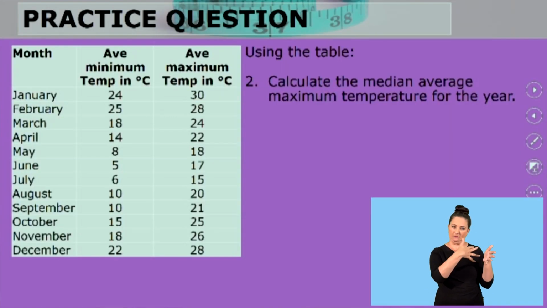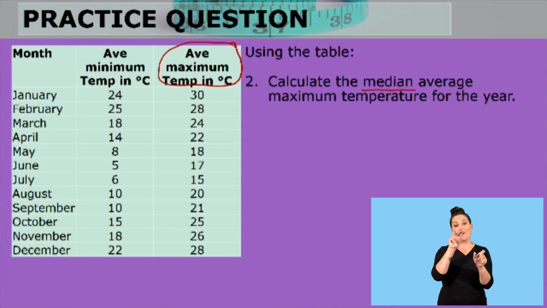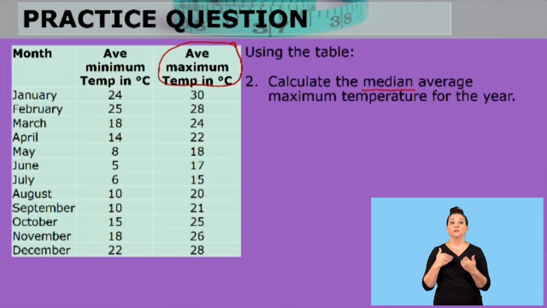Using the same table, calculate the median average maximum temperature. So again, with the median, we've got to arrange the values in ascending order, and then we can get to scratching them off. So looking at these values, I start off with 15.